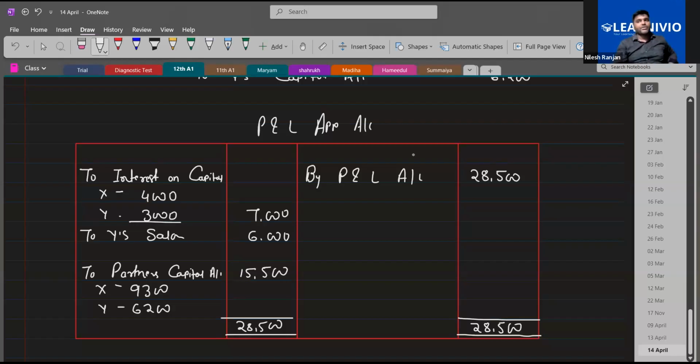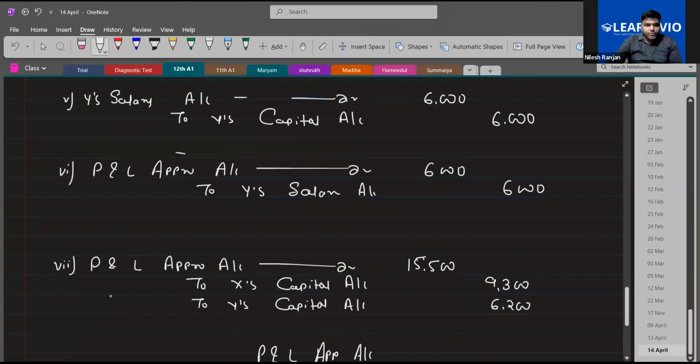Y capital. Actually, in theory part, we always write partners capital. But when we solve practical portion, a separate partner amount is given or we calculate it. So we have to write separate capital account for every partner. Like we have done here, you can see profit and loss appropriation account debit to X capital to Y capital.